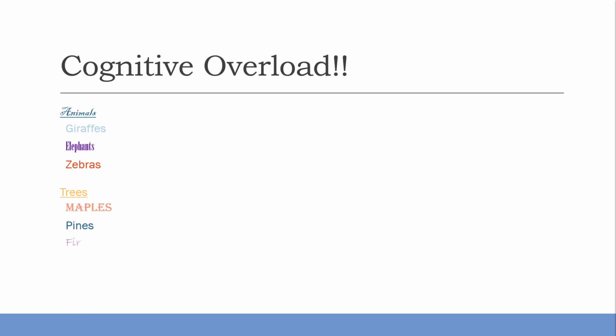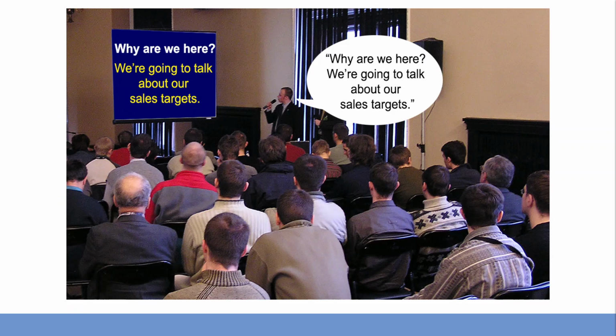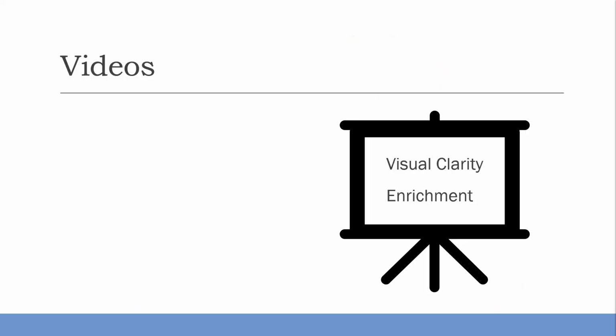Okay, now I just want to briefly talk a little bit about creating videos or even just regular presentations to students. We all know this problem where people just get up there and they just read the slides. And it's like, why do we need someone to read slides to us? Whenever you create something that has slides or other visual elements with audio or voice, be clear about the purpose of each.